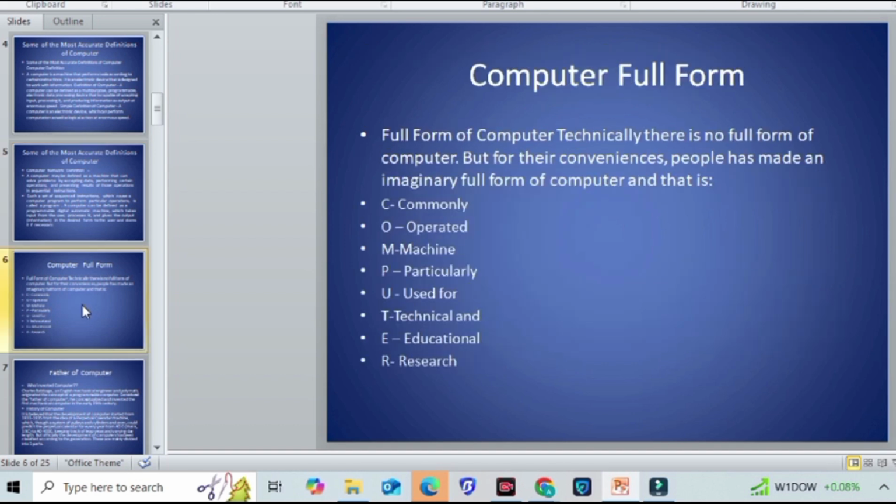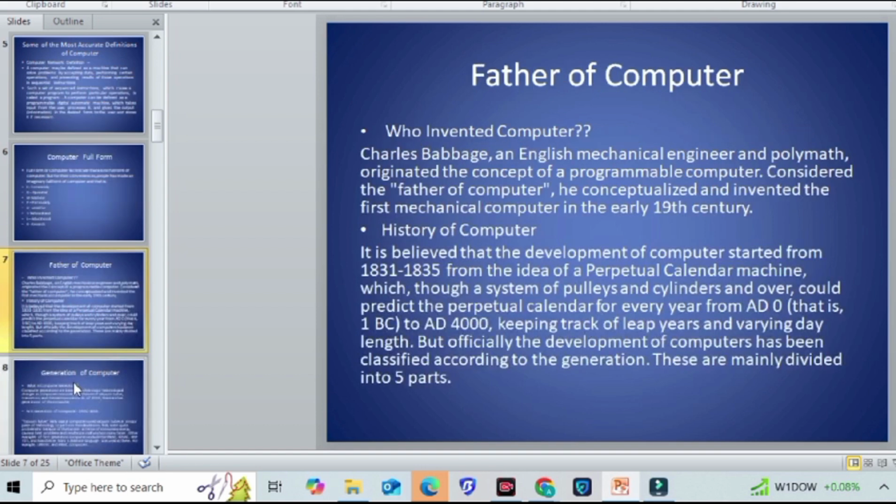Full form of computer. Technically, there is no full form of computer, but for convenience, people have made an imaginary full form: C, commonly; O, operated; M, machine; P, particularly; U, used for; T, technical and E, educational; R, research.